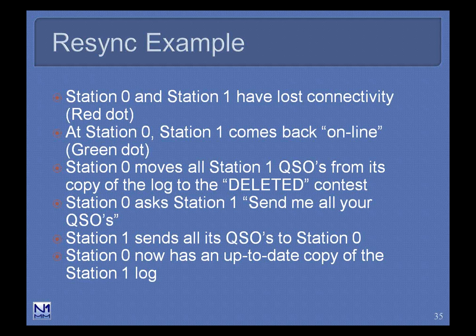They've been moved to the deleted contacts, and it's asked station 1, send me them. So station 1 sends all its contacts to station 0, and then at this point, station 0 now has an up-to-date copy of the station 1 log, and we've finished the resync. Now, of course, this works in the other direction too. Since station 0 and 1 weren't talking to each other, station 1 has to ask station 0 for its contacts. So it works in both directions. Next slide, Rich.